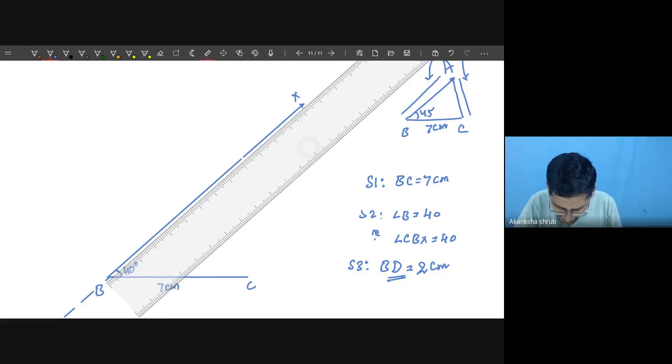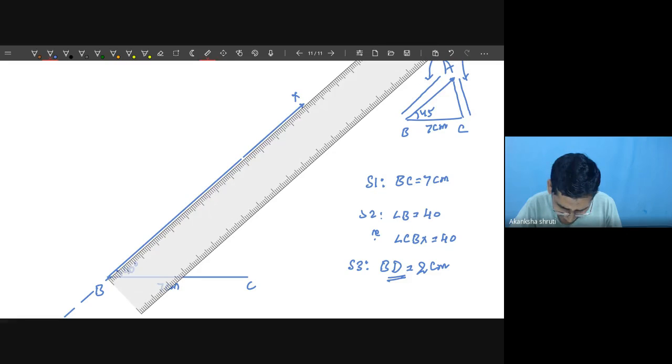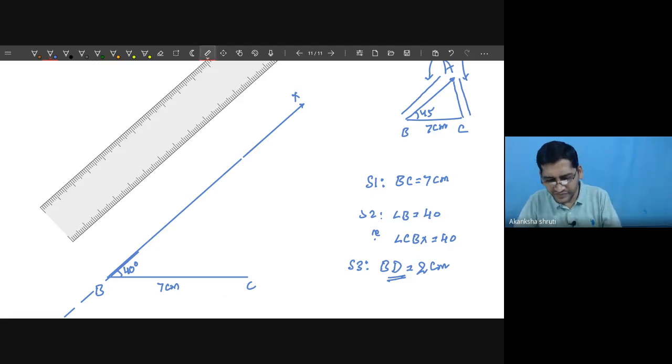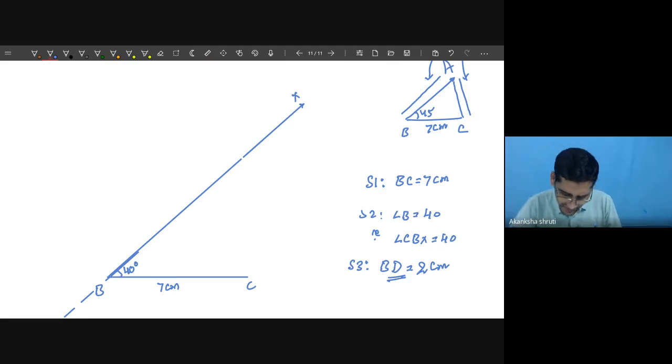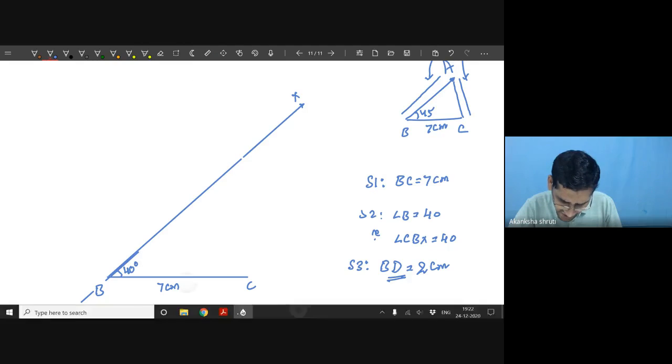So 1 and 2 centimeters. This one is our 2. So mark this point as D.